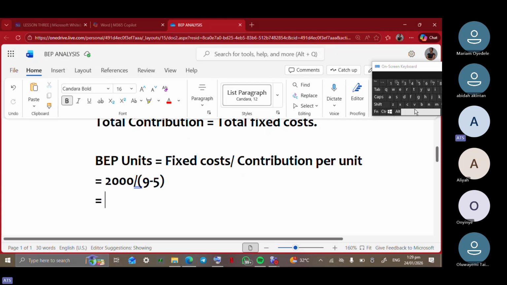Your sales might be in total or per unit. In this case, we were given per unit, and we are looking for per unit. You can write this down. Contribution per unit is selling price per unit minus your variable cost per unit.